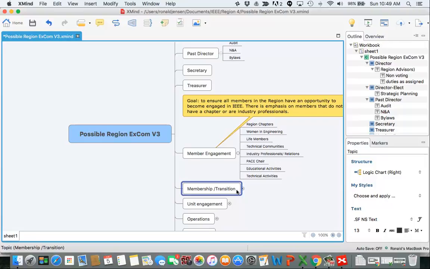Same is kind of true of new higher grade members. Let's say we have a 30-year-old who's out of college but decides to join. Perhaps he's come to some of our activities and joins as a member. We do not do a real good job of reaching them, grabbing them, and getting them involved in the organization.